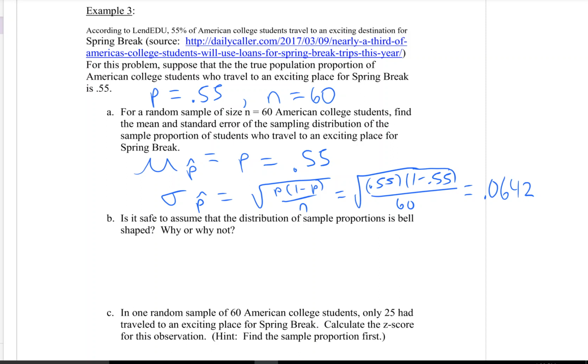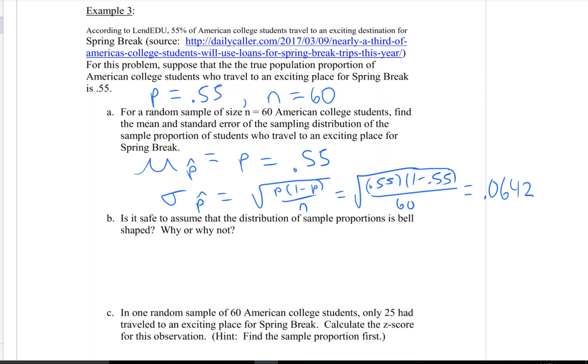We're dealing with a categorical variable, that is whether or not the student goes to an exciting place over spring break. Note that we are given the population parameter, that the population proportion is 0.55. It's a little bit unrealistic, but remember in this chapter, we're starting by knowing the population parameters, and then we're studying how samples from that population behave.